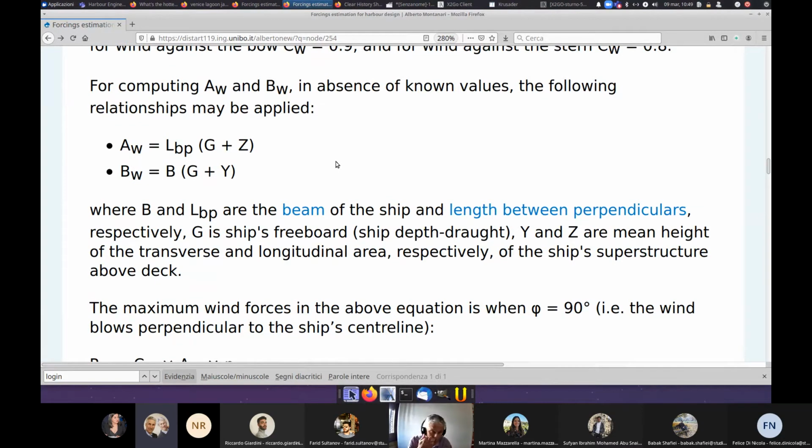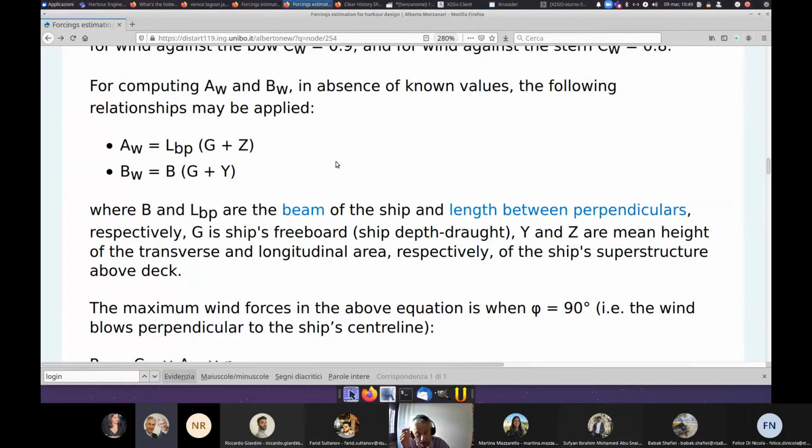So first of all, AW is the side area, the side windage area. And it's given by the product of the length between perpendiculars, which we already defined.